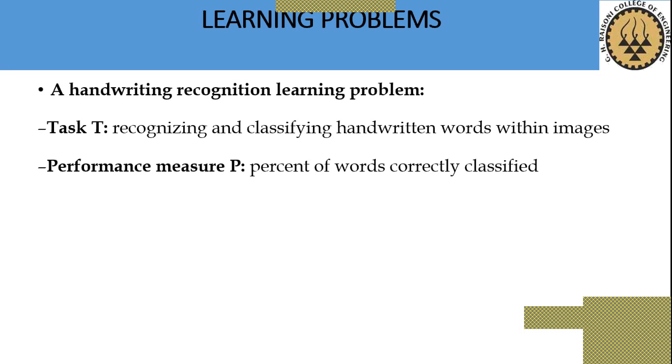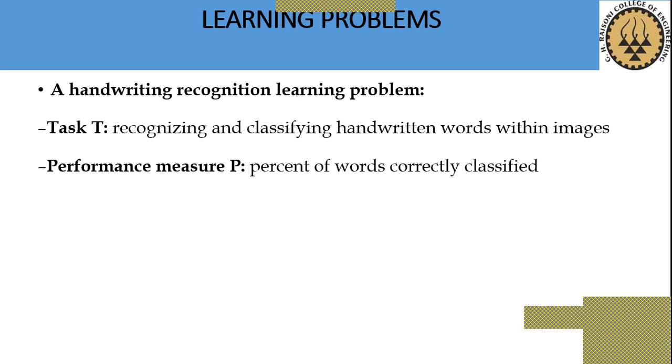The next thing we have to check is the performance measure, in which we have to find out the percentage of words correctly classified. Whatever word you recognize and classify, you have to find out the performance. Is that word correctly recognized or not?